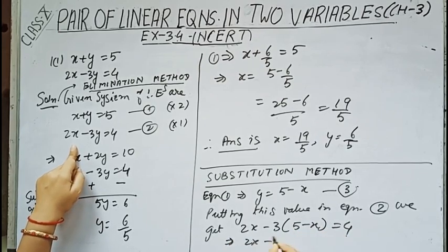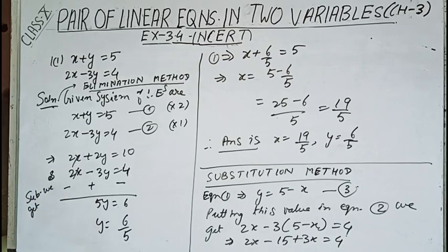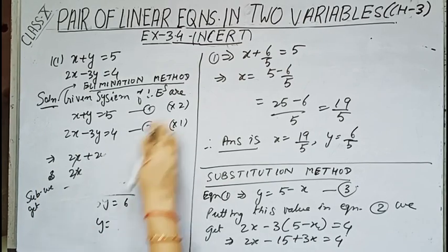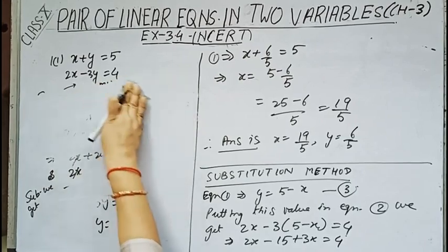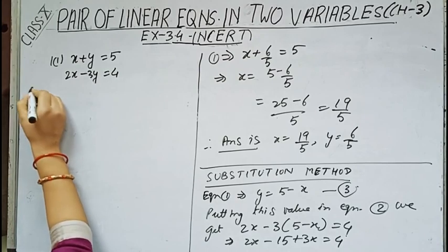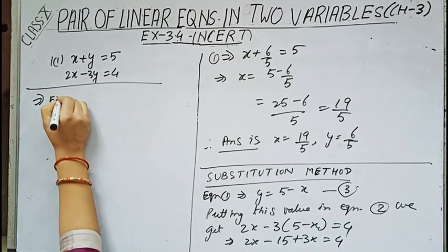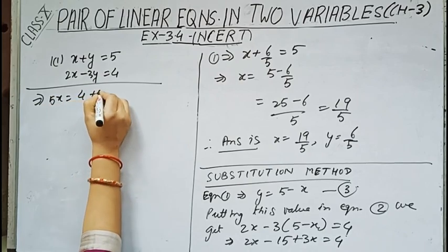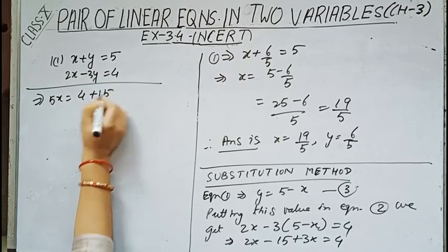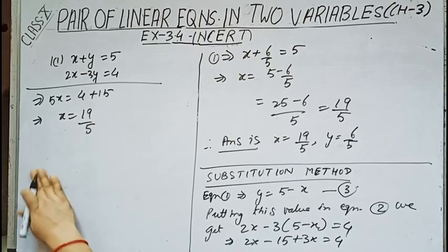This implies 2x minus 15 plus 3x equals 4. So let us do this side. This implies 5x equals 4 plus 15. This implies x equals 19 by 5.